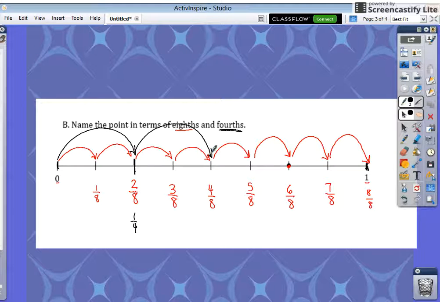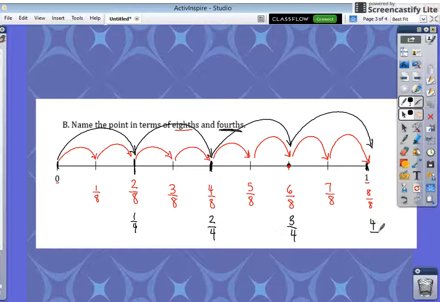This is 2/4. We can also see that this is exactly in the middle, so that's 1/2. This one is 3/4. This one is 4/4. So this point on the number line not only represents 6/8, but it also represents 3/4.